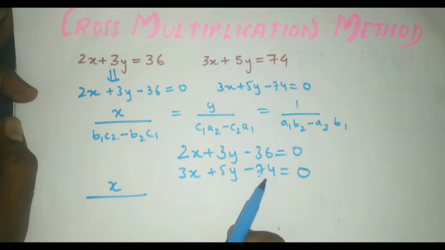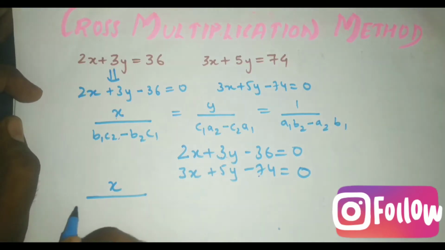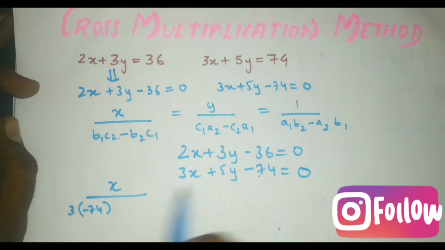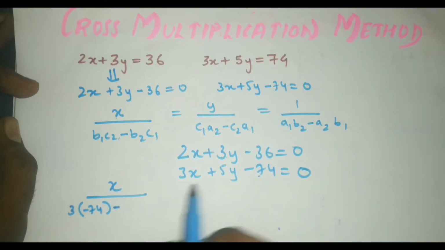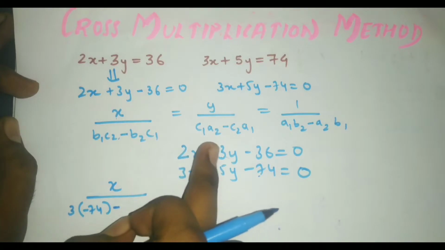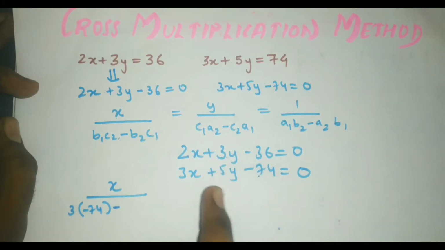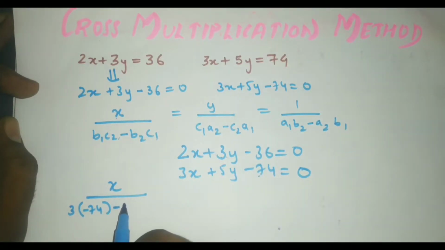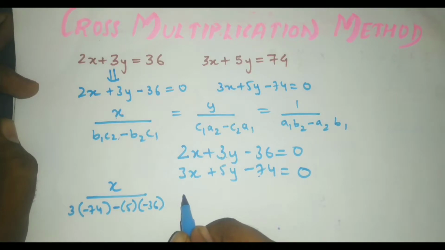If minus is there, you have to take minus only. Then minus, the second equation term, 5 into minus 36.